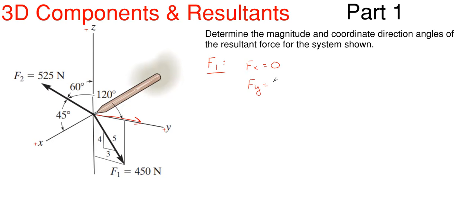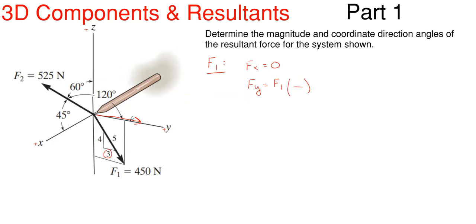Looking at Fy, it will be the magnitude of F1. Since we have this little directional triangle, we're going to use that to ratio how much goes into the y direction. These little triangles really only work on a 2D plane, in this case the y and z axis. You take the dimension of that triangle that is parallel to the direction you're looking at.